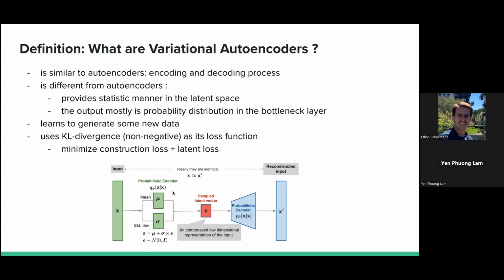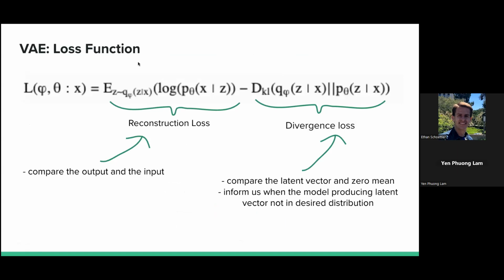Different from the normal autoencoder, it has a mean and a standard deviation to encode the input, and then the decoder of the variational autoencoder decodes the information that we store in the latent as a latent vector to produce the probability distribution of the input. The next thing I learned about is the loss function.